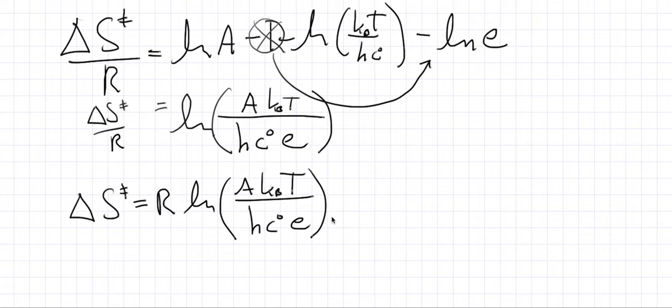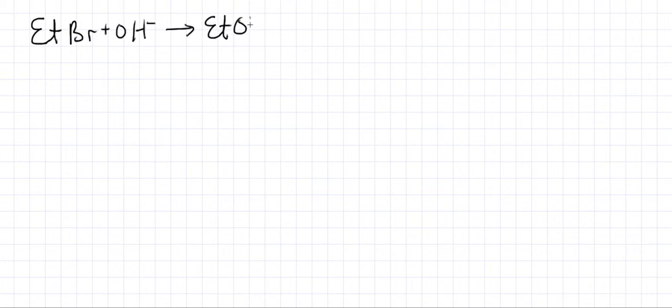Okay, so let's go ahead and apply this to an actual case. Take the reaction which we looked at before, which is ethyl bromide reacting in an SN2 reaction with hydroxide to give you ethyl alcohol plus bromide.